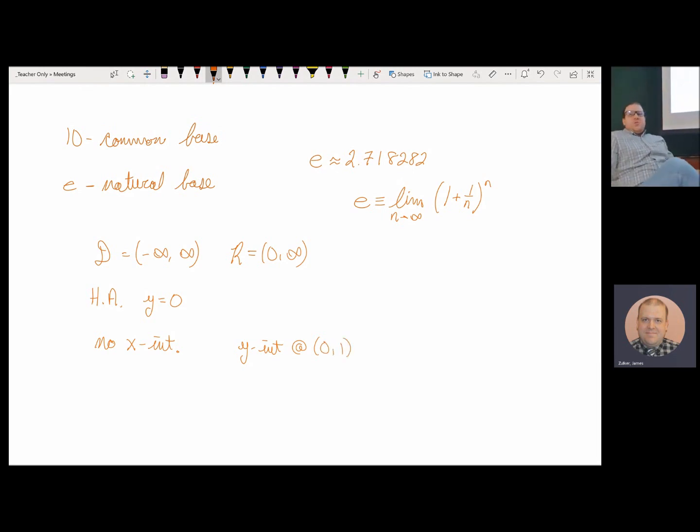And every exponential base crosses the y-axis at (0, 1). Which makes sense, right? Any non-zero number raised to the 0 power is equal to 1.